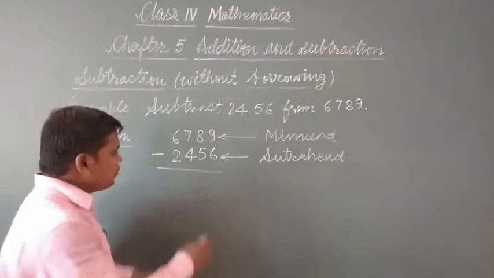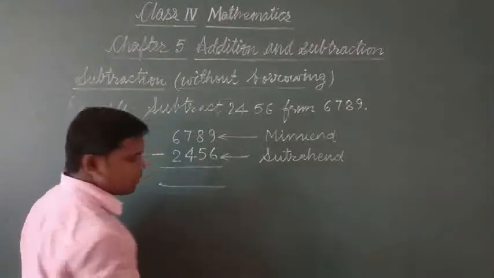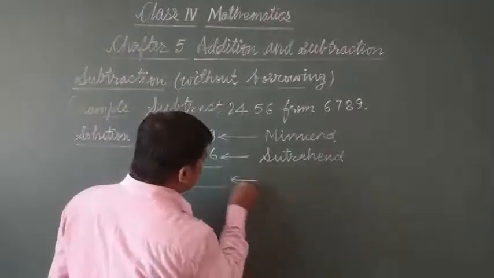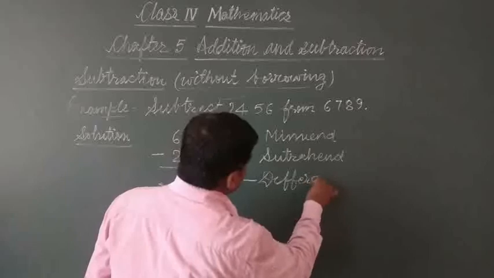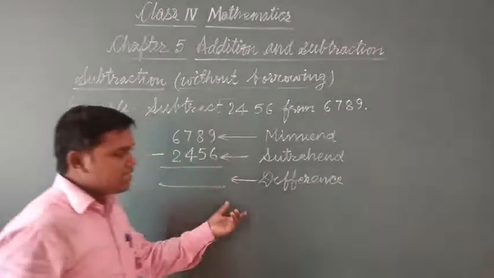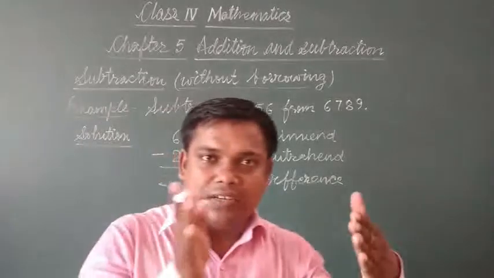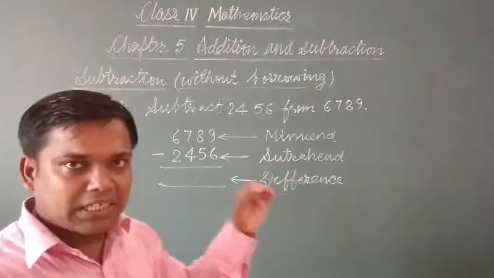And the result we get when we subtract is called the difference. So sometimes it is asked, find the difference between given numbers. It means you have to do subtraction.